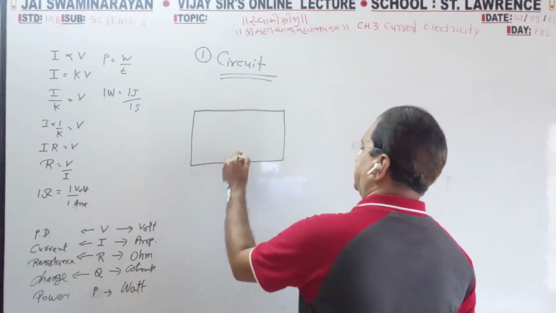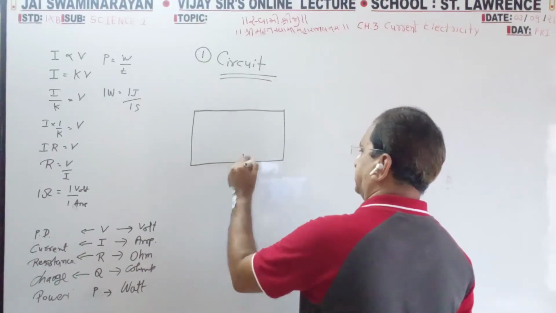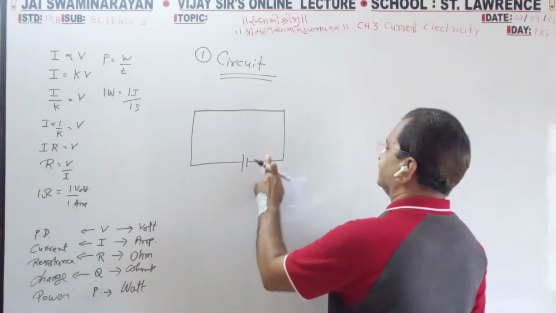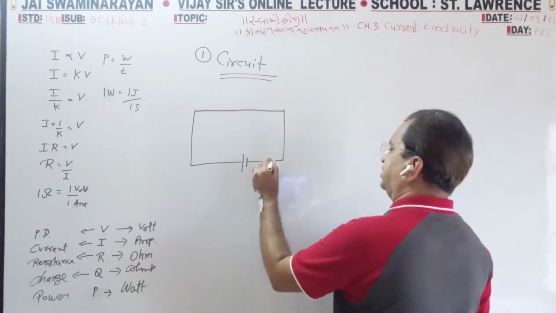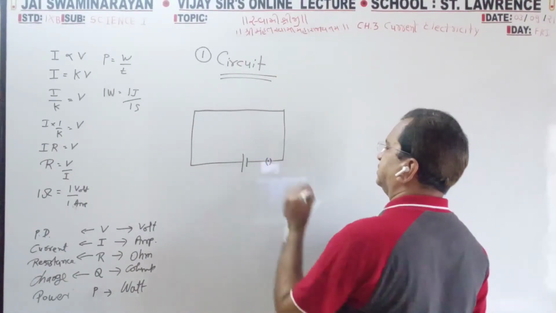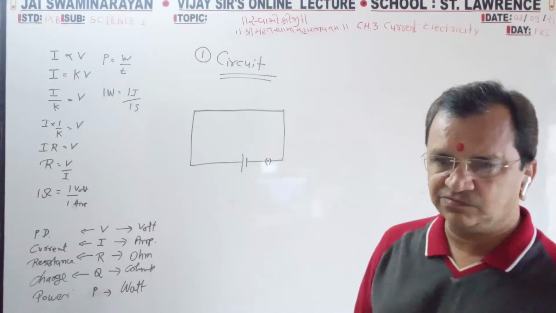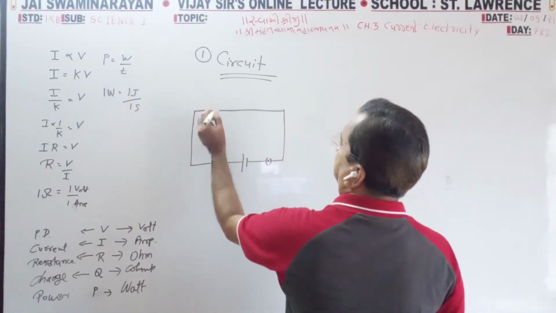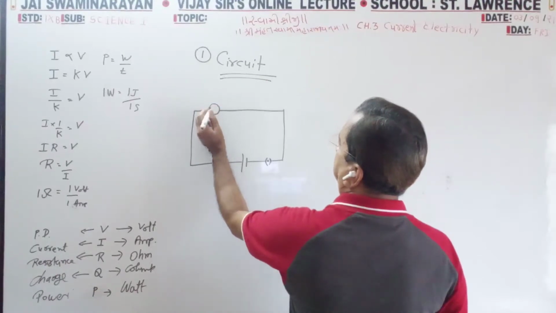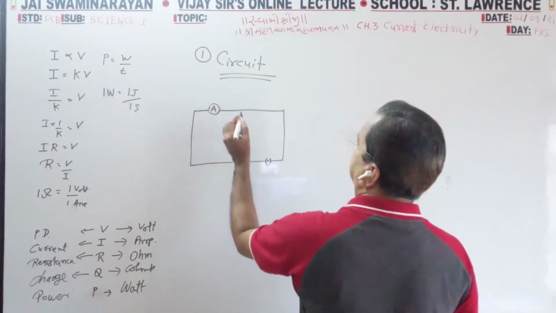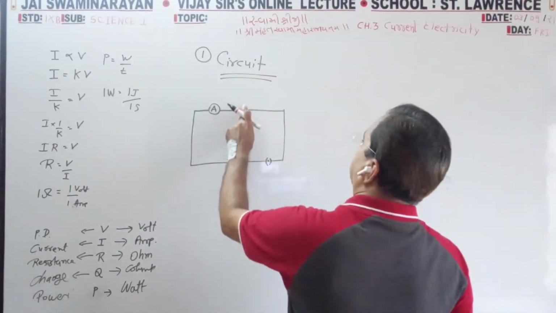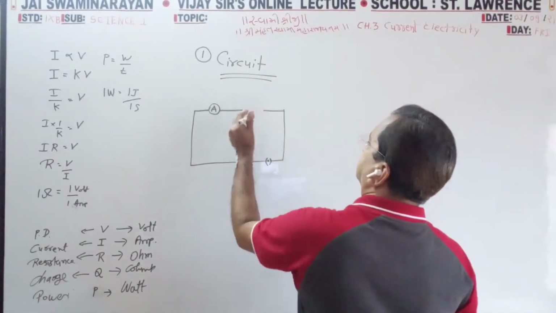This is the battery. This is the key. This is the ammeter. This is the resistance.